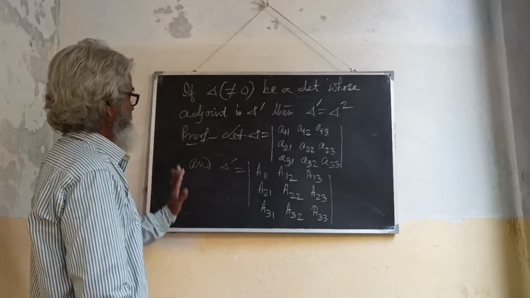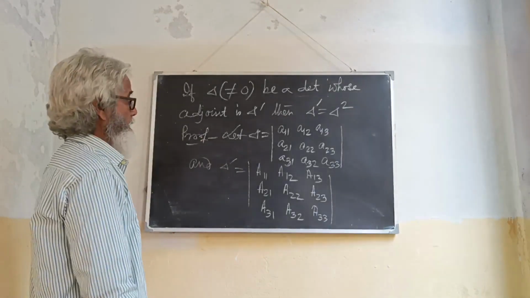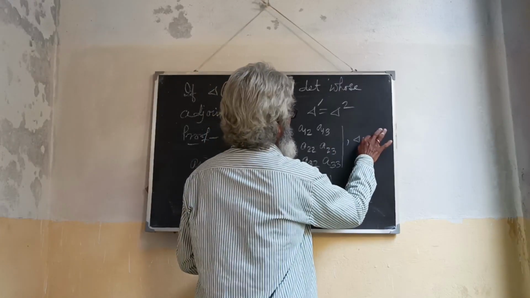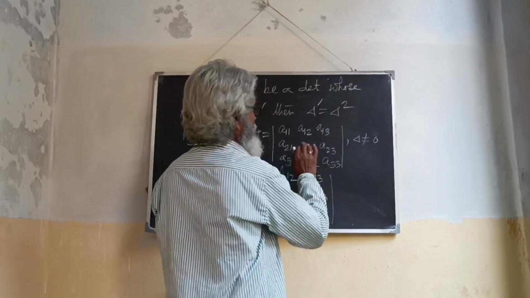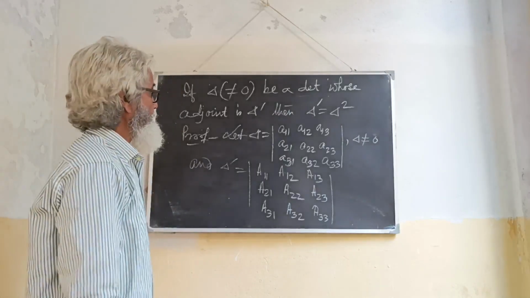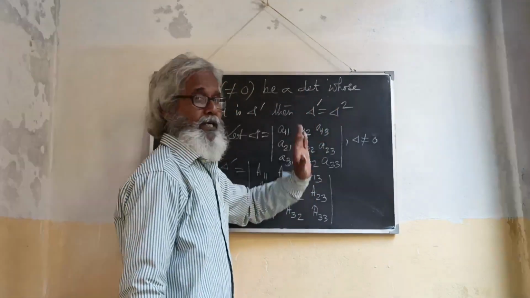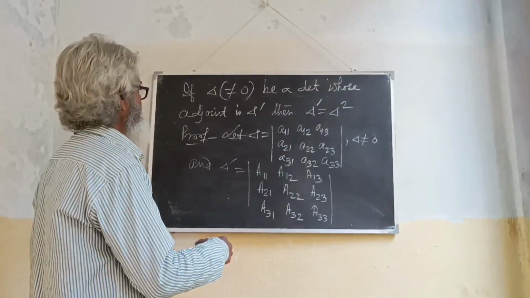These are given, and also given that its numerical value is not 0. We have to establish delta dash equal to delta square.